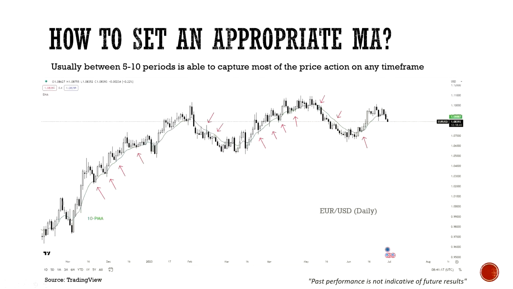Now, if this is a Euro USD daily chart, very similar, no change again. Notice all the smaller dips were easily captured. Likewise, whether it's a downtrend or an uptrend.